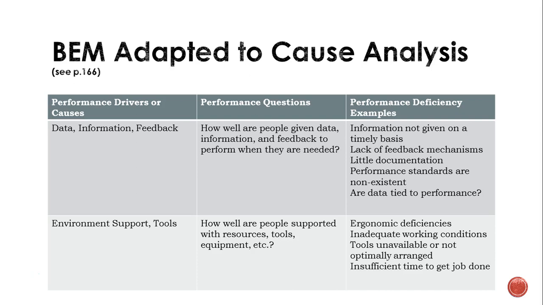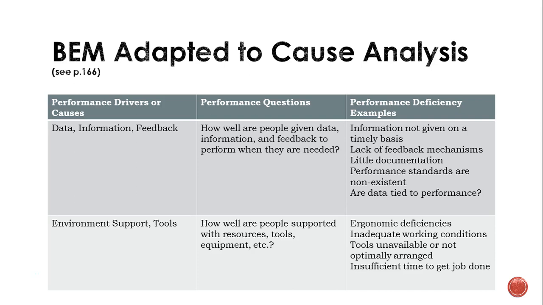We have that performance deficiency example there, and ask yourself, how well are people supported with the resources, tools, equipment, etc.? I think it's easy to jump to the point of saying, well, the high performing stores are not having any problems, let's just fix this right away.